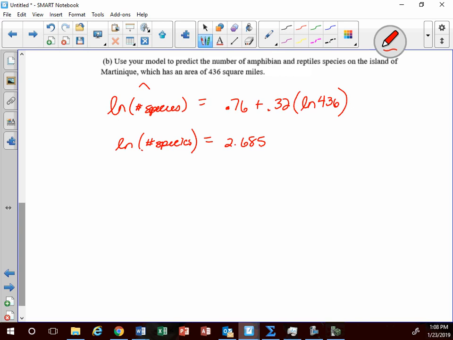What do I do? You use an e, you exponentiate. So we end up with e to the 2.685 equals number of species. Remember this? Then it's just a matter of doing that on your calculator, and I think we get about 14.66. So you probably want to tell me either 14 or 15, because we can't have part of a species, right?